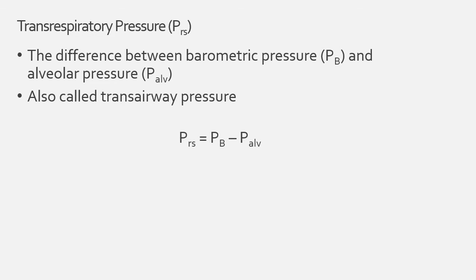Transrespiratory pressure is also called trans-airway pressure. They're the same thing. Transrespiratory pressure is the difference between the barometric or atmospheric pressure and alveolar pressure. It is the pressure gradient between the mouth, atmospheric pressure, and the alveolar pressure.